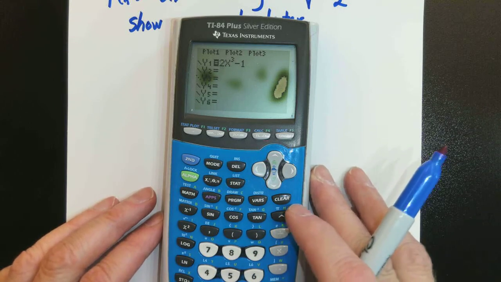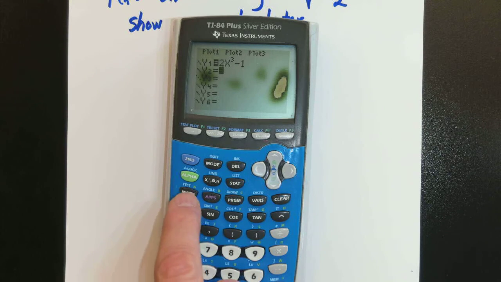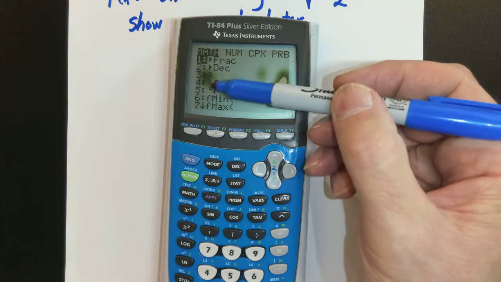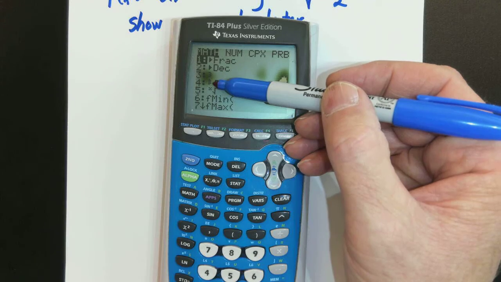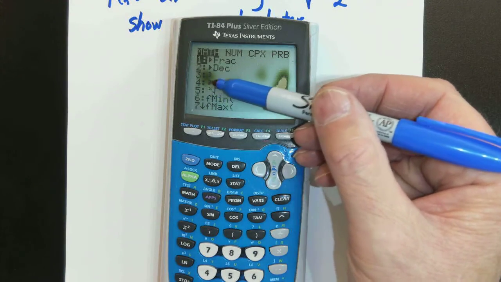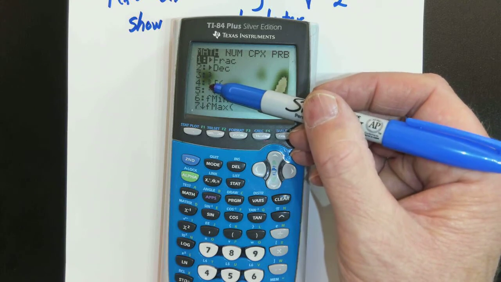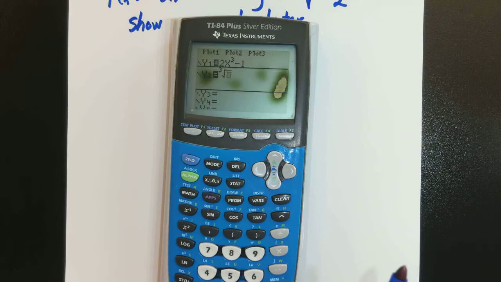Now, to put this one in. To get the cube root, there's two ways of doing it. One way is, it actually is programmed on the calculator. Cube root is. So you can do that. Or if you want a fourth root or a fifth root or something, you could use the number 5. But we just need the cube root, so I'm going to use number 4 there.